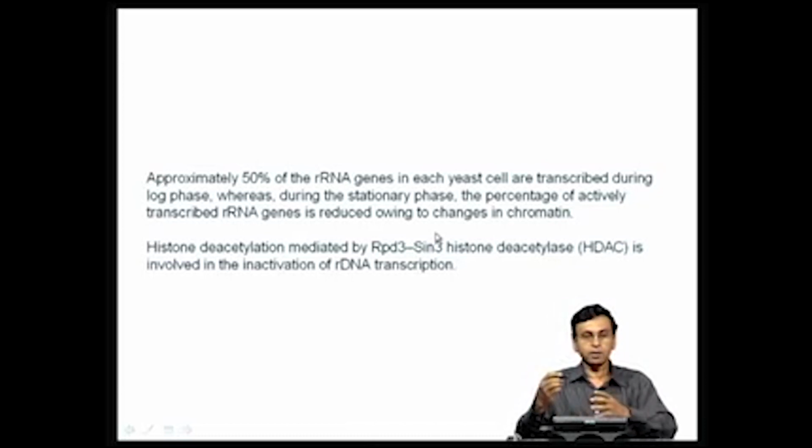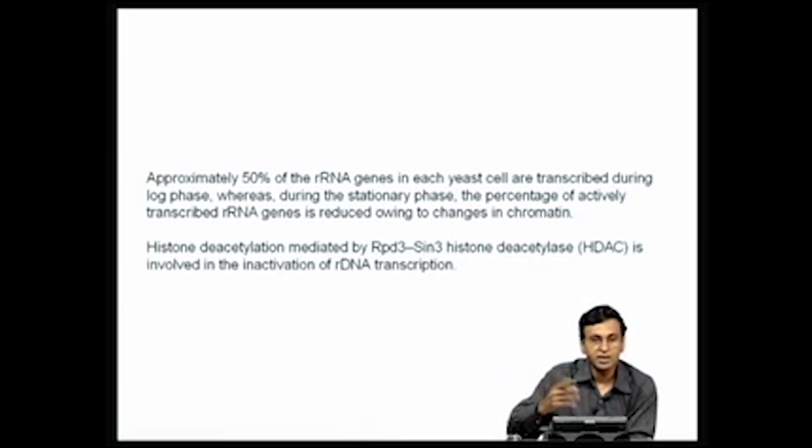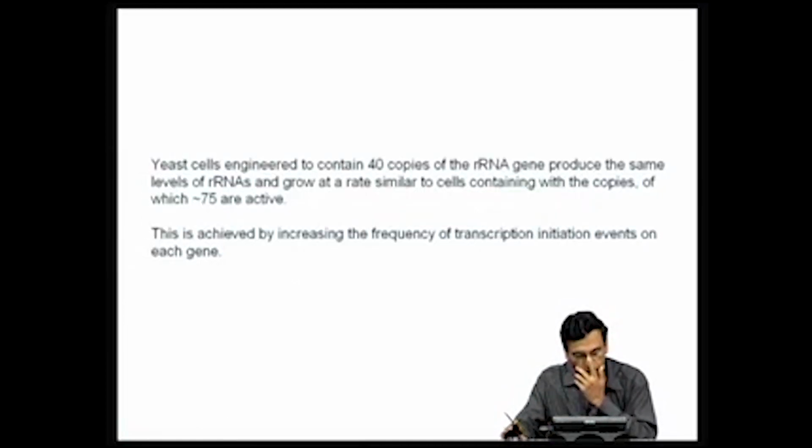So, depending upon whether cells are actively dividing or in the resting or stationary phase, the percentage of rRNA genes that are transcribed varies. In fact, histone deacetylation mediated by the RPD3 histone deacetylase complex has been shown to be involved in the inactivation of rRNA transcription, and as we discussed in the previous slides, this constitutes epigenetic regulation of rRNA transcription.